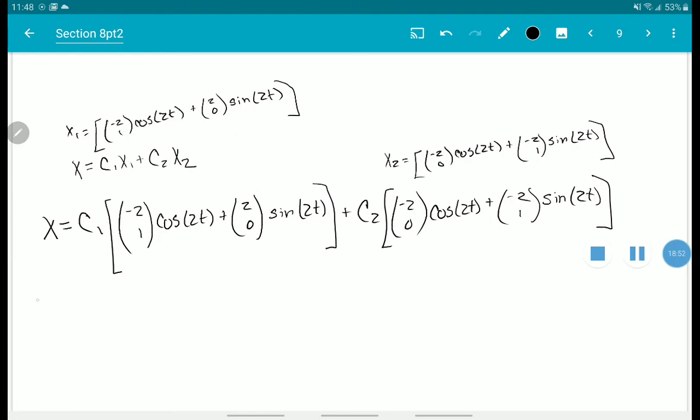So they gave us some information. We're going to make a substitution. They told us that x of 0 is equal to 2, negative 1.